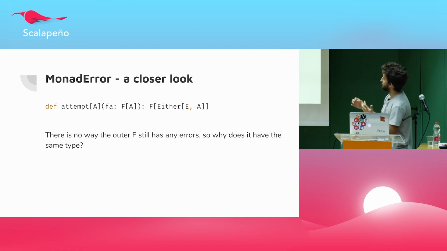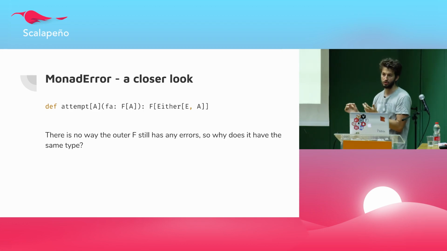But what looks even weirder to me is that now we have this F of A and this F of Either E or A, and there's no way the outer F still has any errors. So why does it have the same type? Shouldn't we as functional programmers try to give as many invariants into the type system as possible? And right here, we're not doing this.